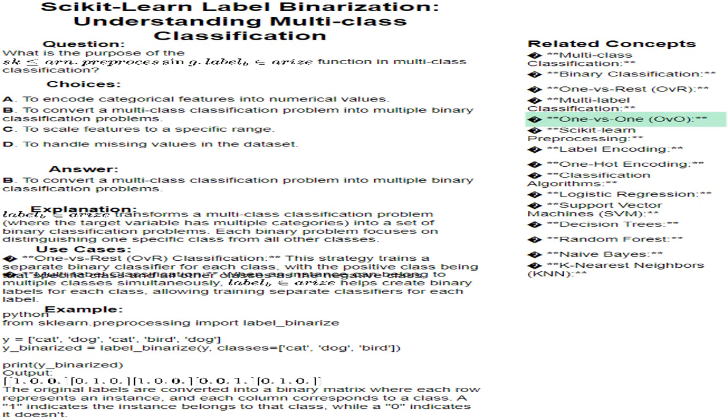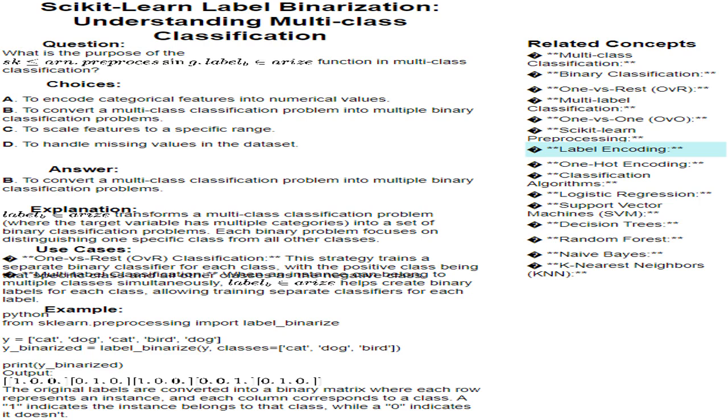For example, in a three-class problem, you would train three classifiers: cat versus dog, cat versus bird, and dog versus bird. Scikit-learn preprocessing. Scikit-learn provides a variety of preprocessing techniques for preparing data for machine learning.